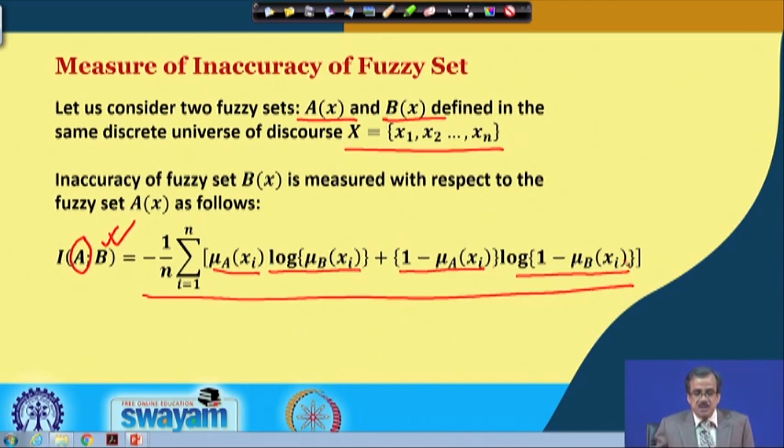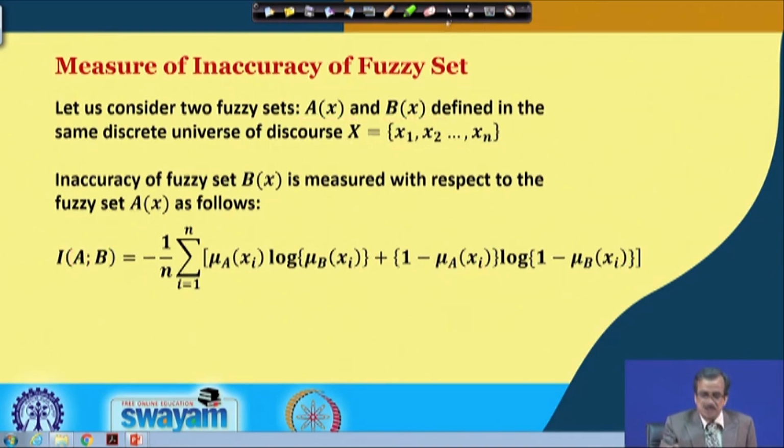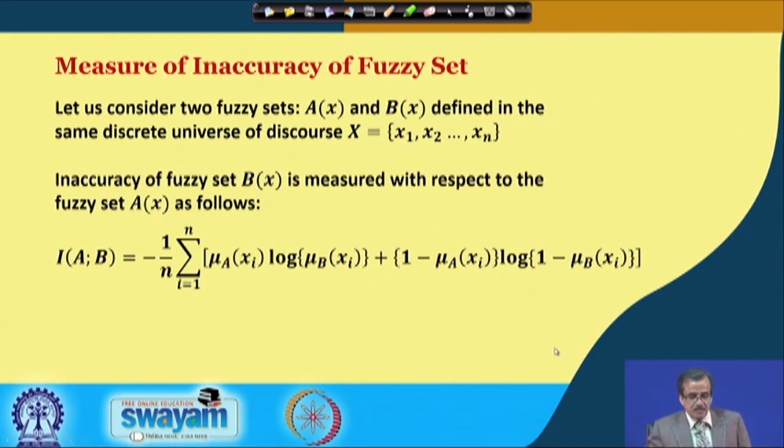This is the way we can find the inaccuracy of a fuzzy set with respect to another fuzzy set.